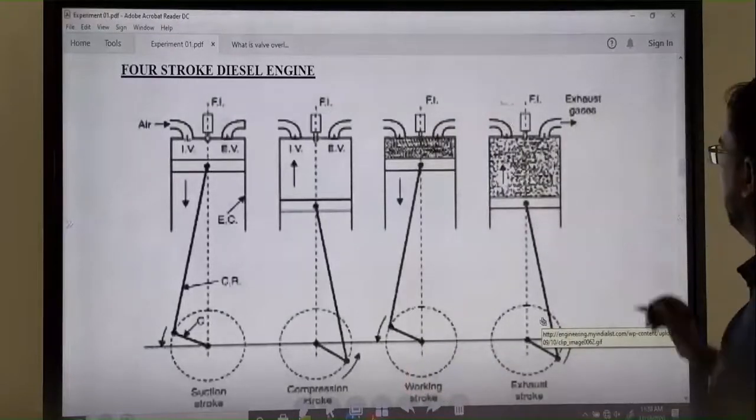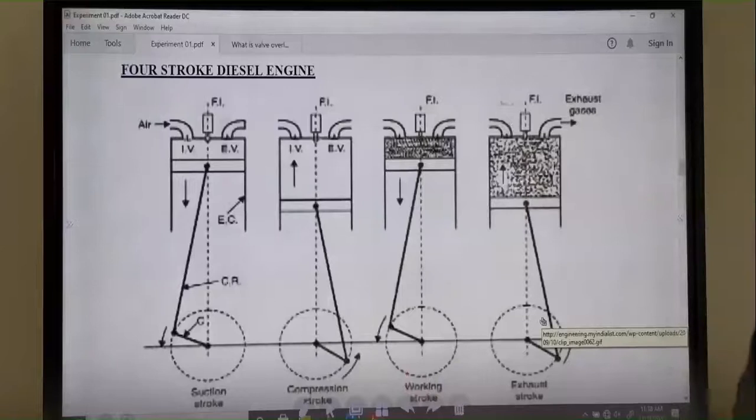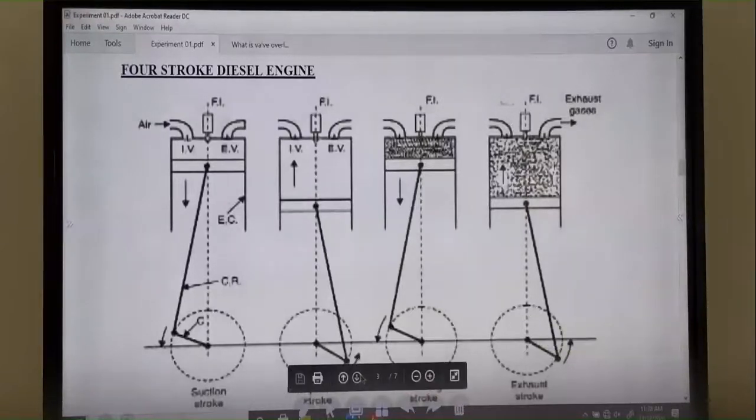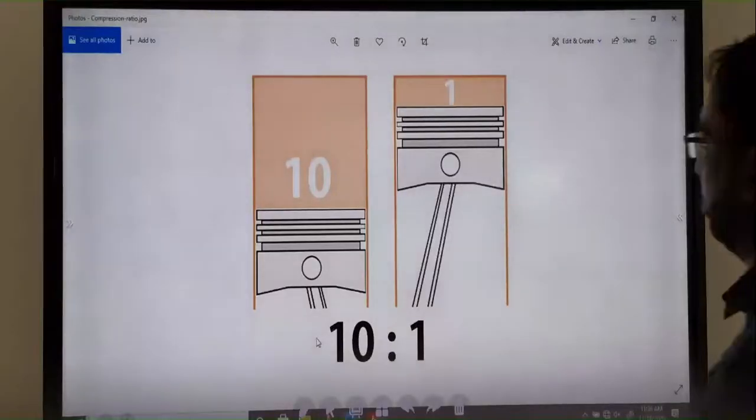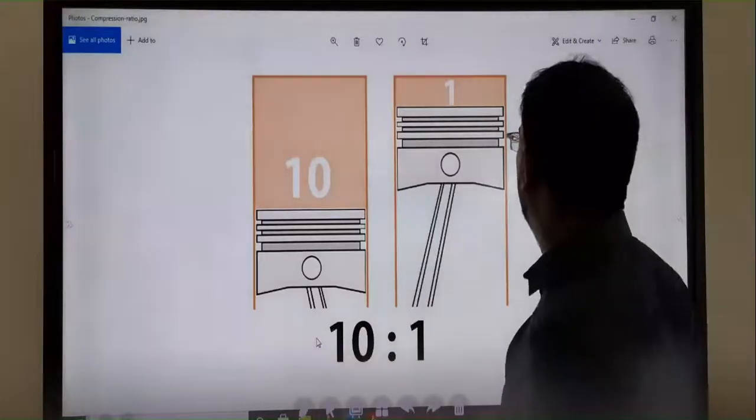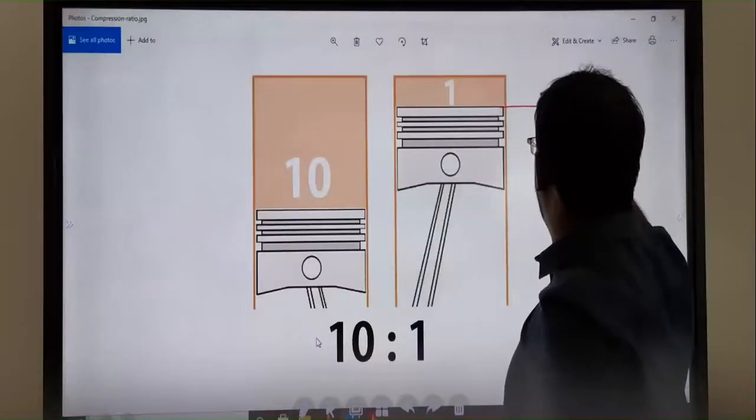So for an example, I can show you. This is called the compression ratio. That means this is the TDC line. Okay.